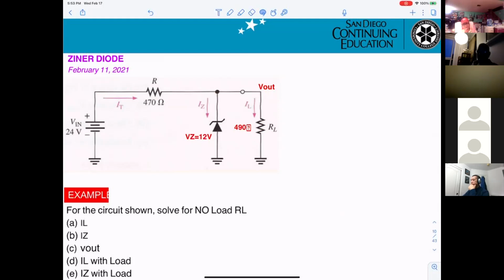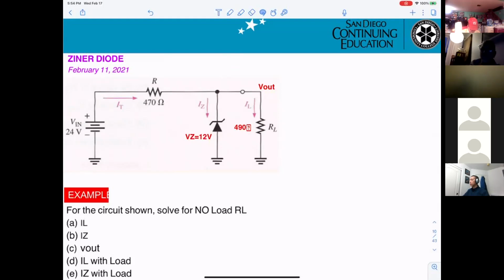For digital circuitry, the power supply is only 5 volts. If you apply 24 volts into the digital circuitry, you can cook the IC. So all the time, 5 volts must be the breakdown at 5 volts. More than 5, it breaks down.